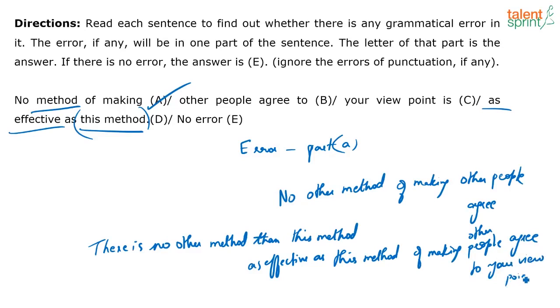Got it? There is no other method as effective as this method of making other people agree to your viewpoint. In fact, you'd rather just go with this. So the error is in part A.